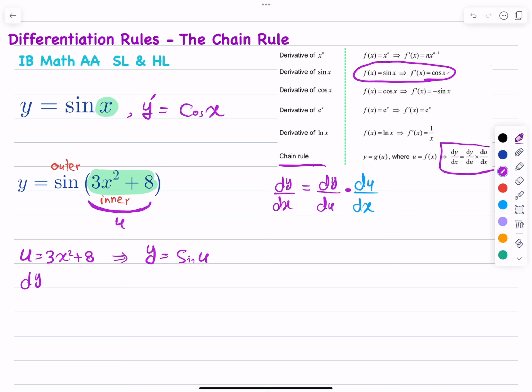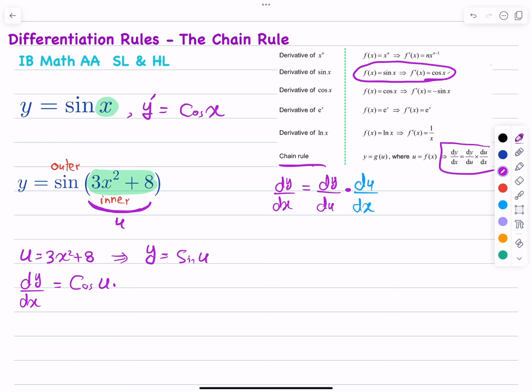So dy over dx equals, first, dy over du, which is the derivative of the function y with respect to the variable u. So we'll differentiate this with respect to the variable u as if u is the variable instead of x. And as we see here, the derivative of sine becomes cosine. So when we differentiate this, it becomes cosine u.